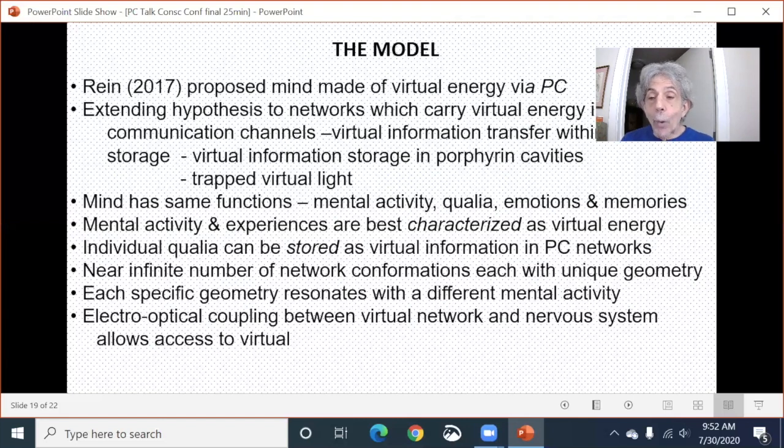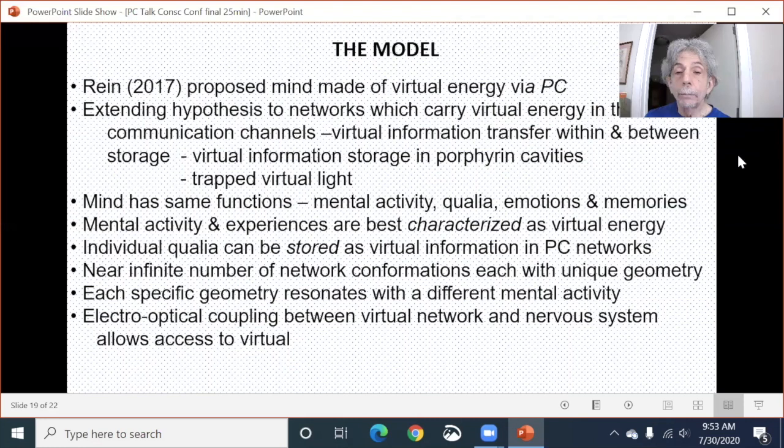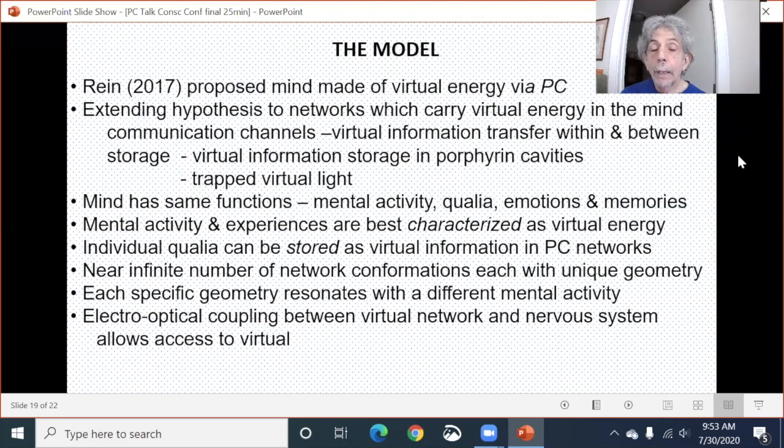We don't really know what the mind is, let alone what it's made of. So, seeing as the mind has all these exotic properties, it seems logical to me that the mind would be composed of virtual energy.